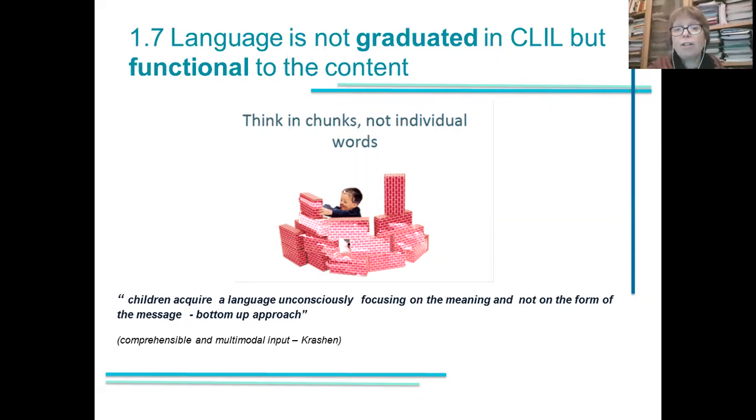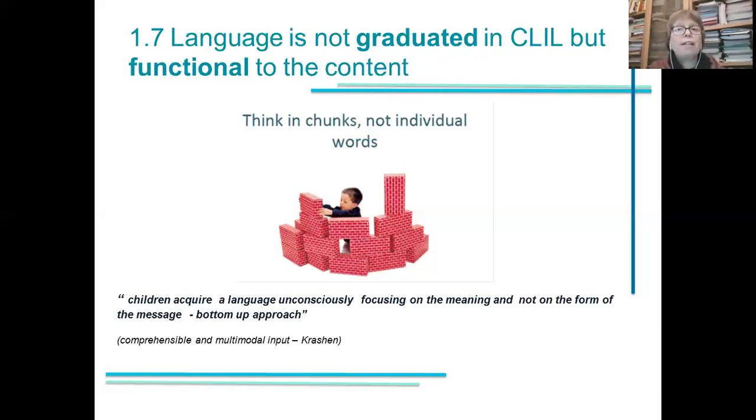Krashen says children acquire language unconsciously, focusing on the meaning and not on the form of the message. So don't worry if in CLIL you have to use the future simple, conditional, or whatever it is, because you can't wait to do CLIL until children have learned the grammar side of the language.